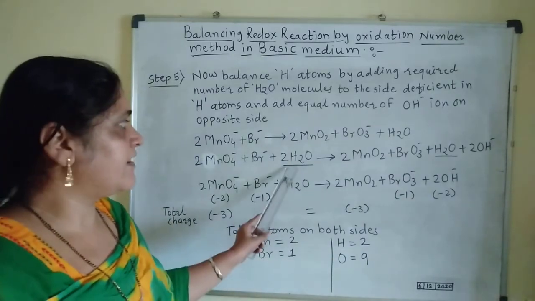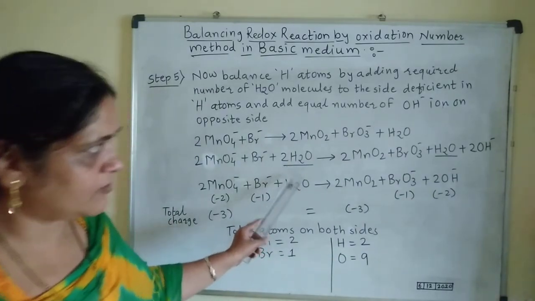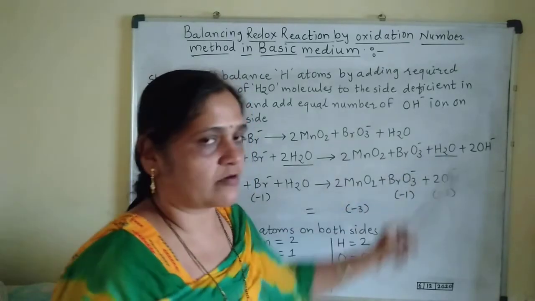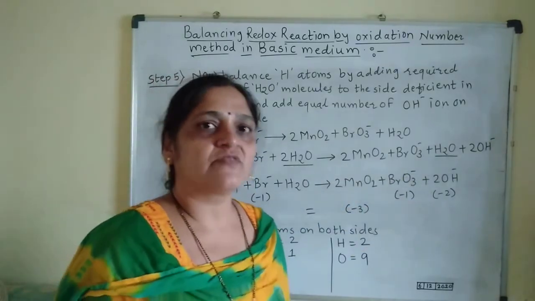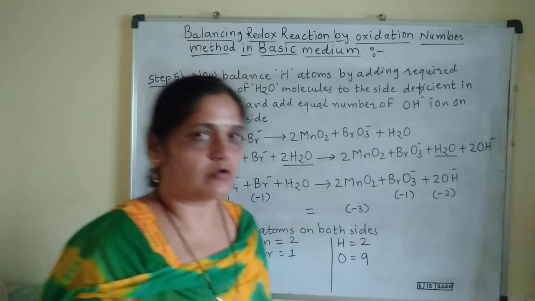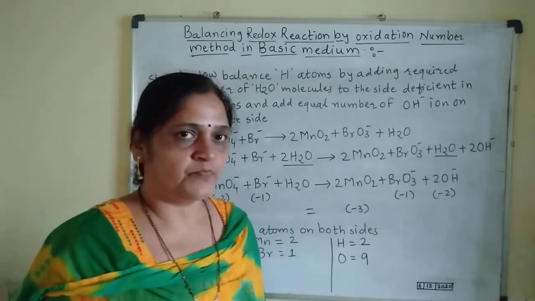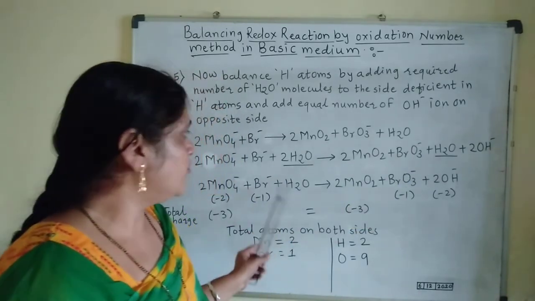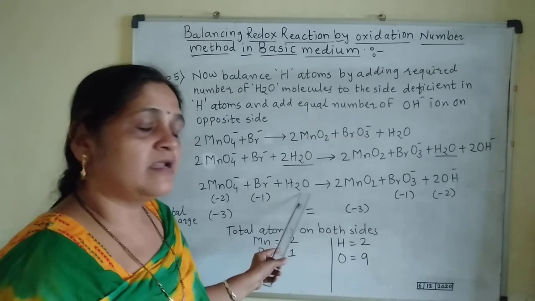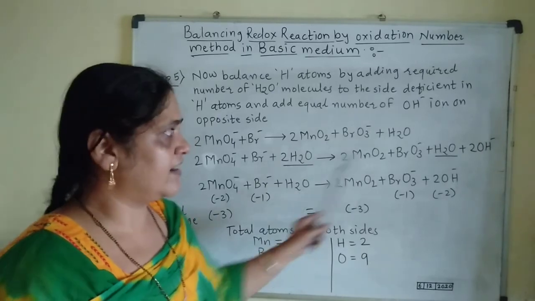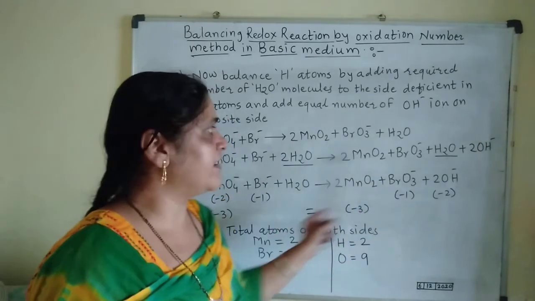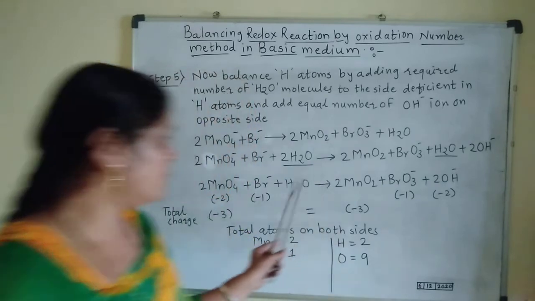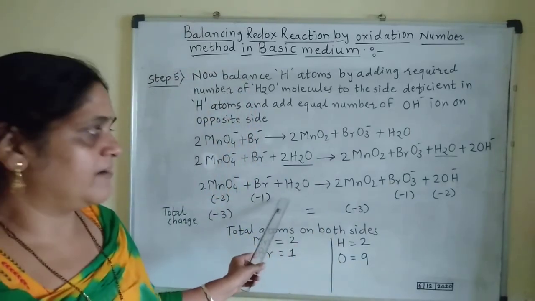Now you can find on the left hand side 2 water molecules and on the right hand side 1 water molecule. So we subtract 1 water molecule from 2, and therefore you will get 1 water molecule on the left hand side only, and on the right hand side no water molecule, because 2 minus 1 is equal to 1 and 1 water molecule will be present on the left hand side.